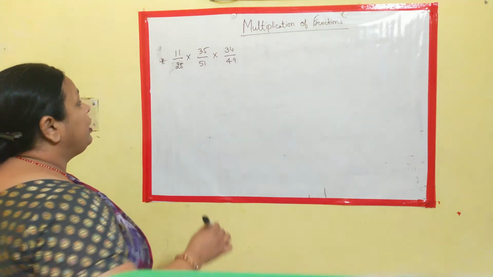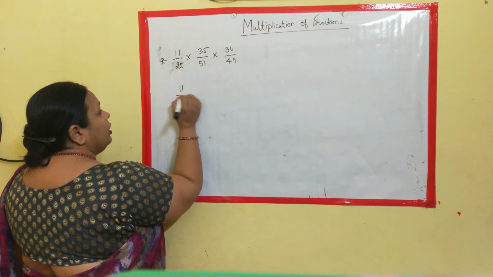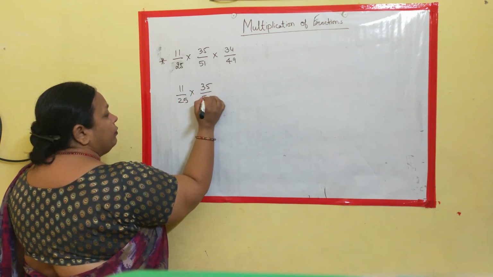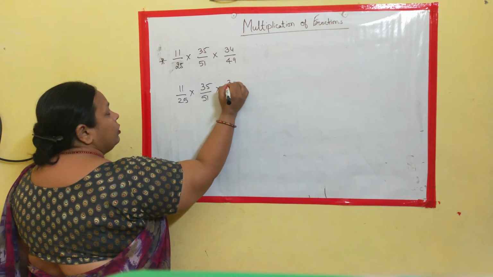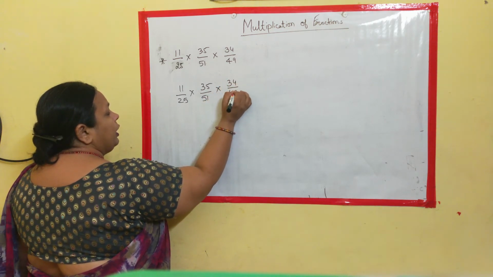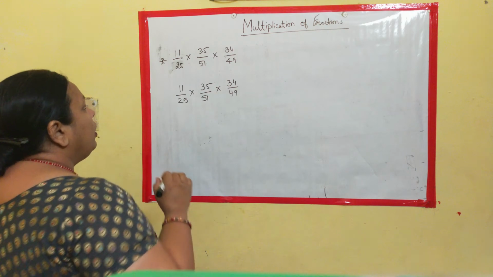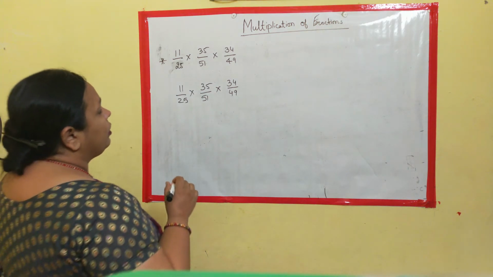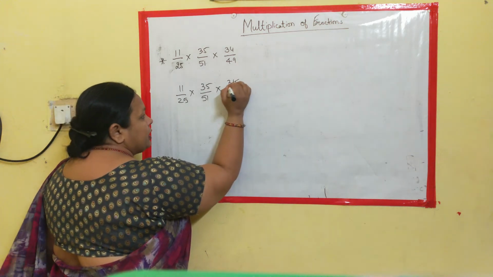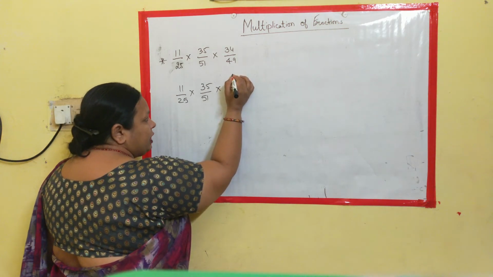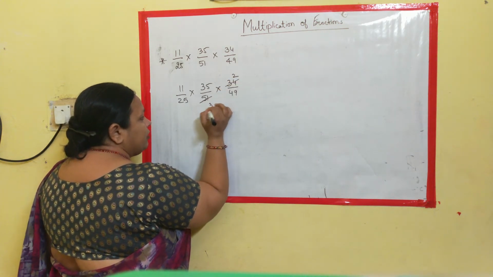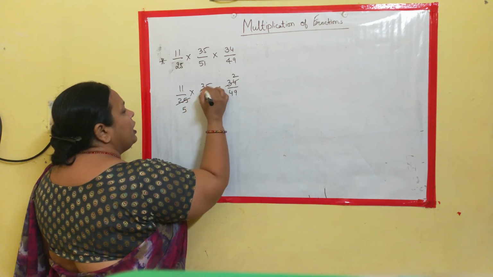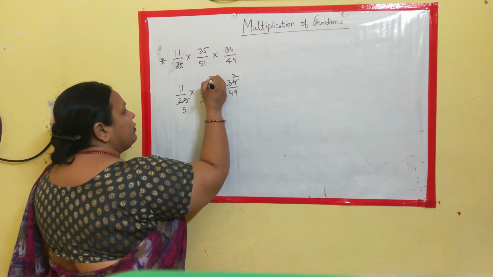Now we will be writing all the numerators together: 11 by 25 into 35 by 51 into 34 by 49. Clear? Now when we are doing this, we will see the cancellation part if at all it is possible. Yes, this is 17 2s are 34 and this is 17 3s are 51. When you see here, this is 5 5s are 25, this is 5 7s are 35.